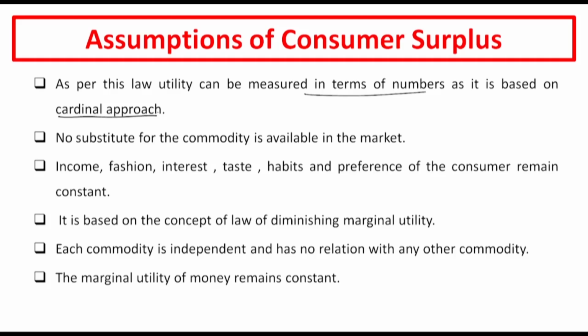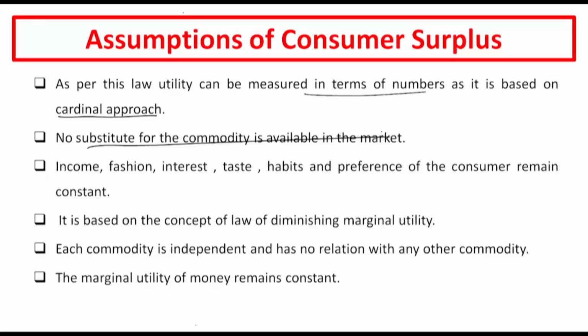The second assumption of this law is that no substitute for the commodity is available in the market. That means there is no close substitute available in the market, so the consumer can use only that product. The third assumption: income, fashion, interest, taste and preference of the consumer remain constant.